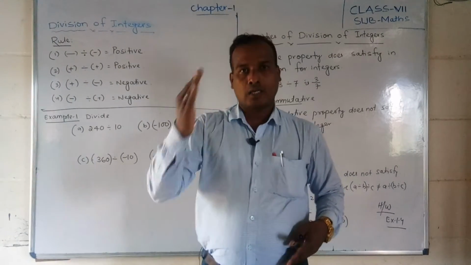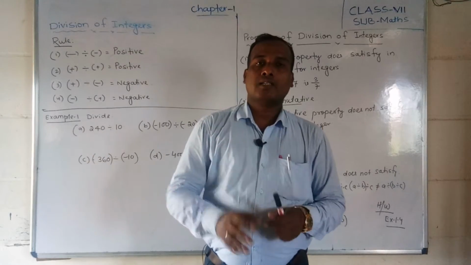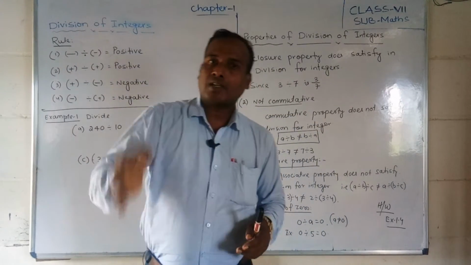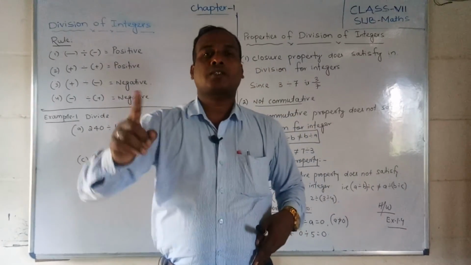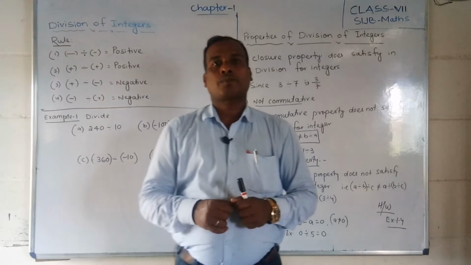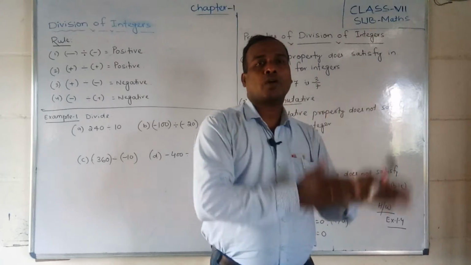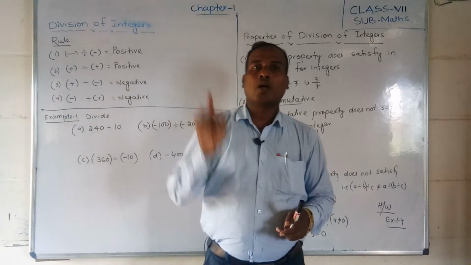That means the result is positive. When both integers, dividend and divisor, have the same sign, the quotient is always positive. But when both integers have opposite signs, that means different signs, one is plus and one is minus, at that time the quotient, the result, is always negative.